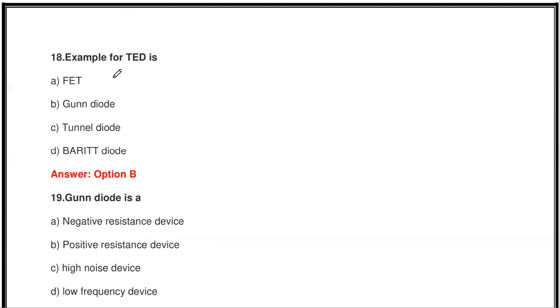Then the next one, the example for the TED is: FET, Gunn diode, tunnel diode, BARITT diode? Gunn diode. So the Gunn diode is one example of a transferred electron device.